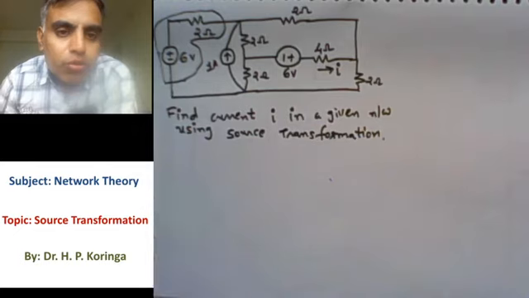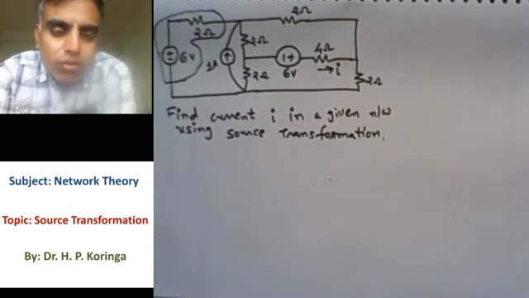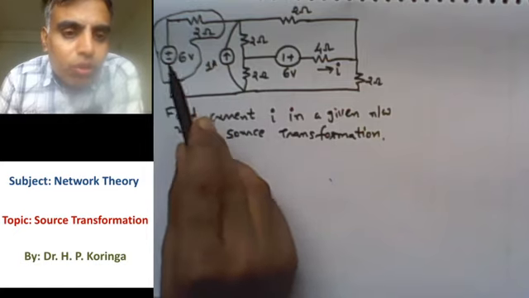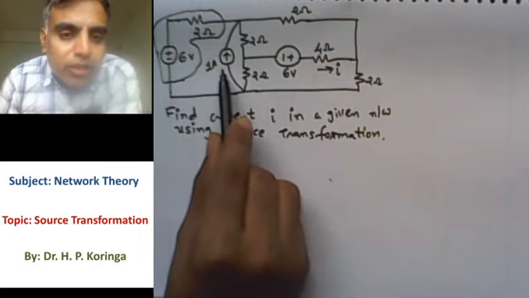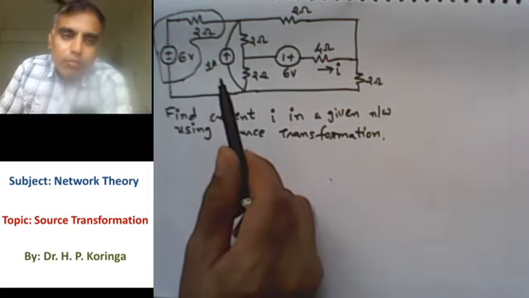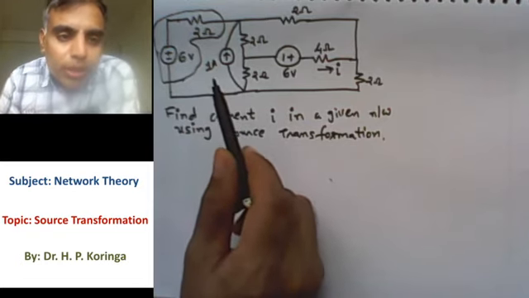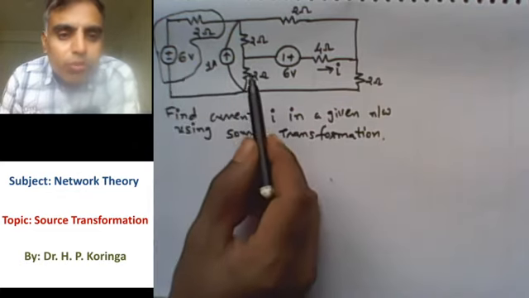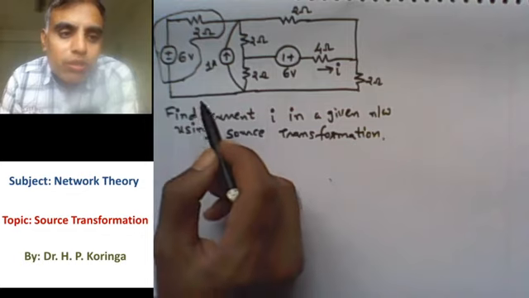If we replace this voltage source with a current source, then the equivalent current source and this 1 ampere current source come in parallel.